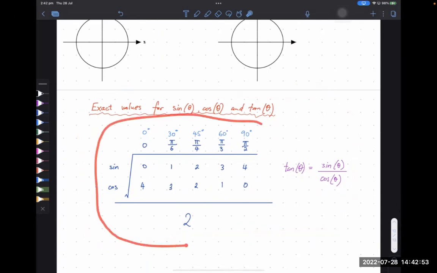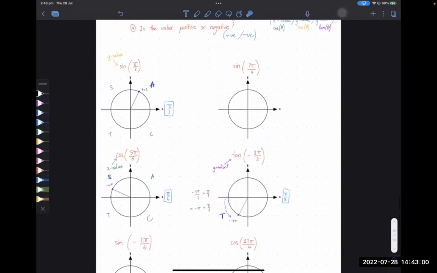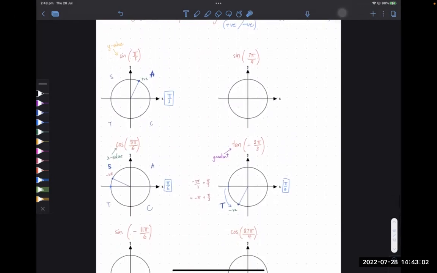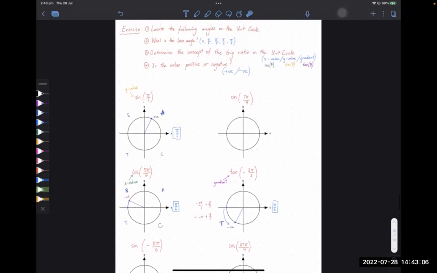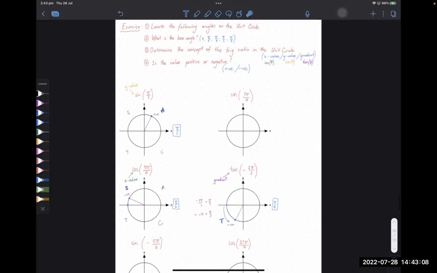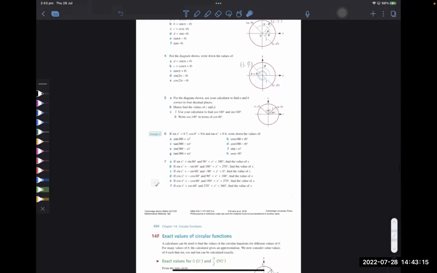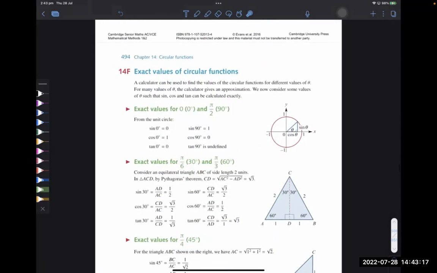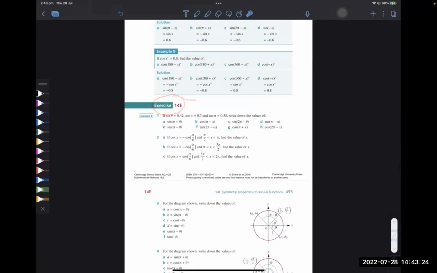This is one of the ways, but I might put up a few links so you can watch perhaps over the weekend and see which way works for you. We're going to find out exact values, which is exercise 14F. We're going to start 14F next week. We've basically gotten up to 14E.